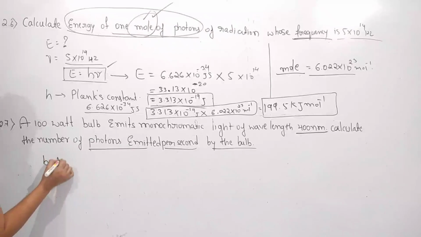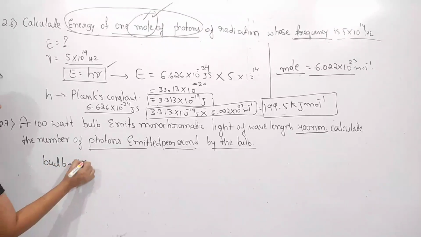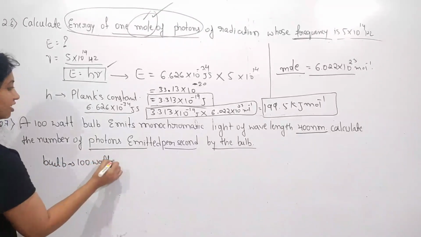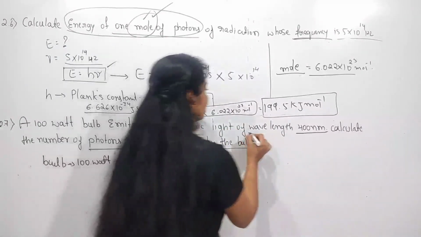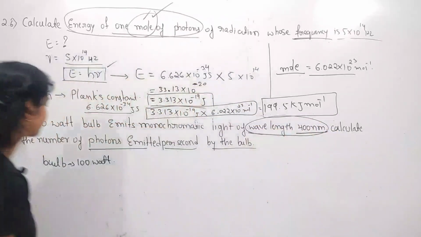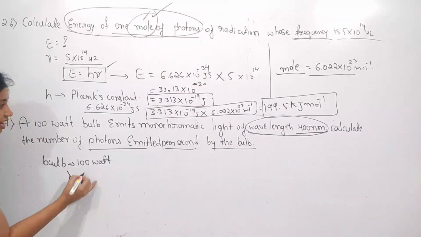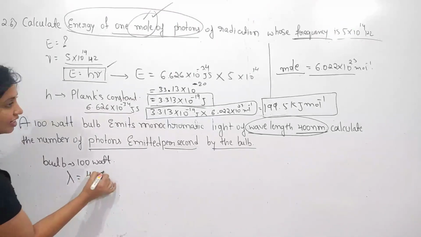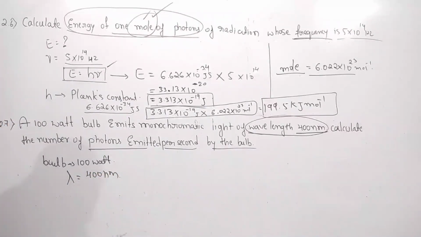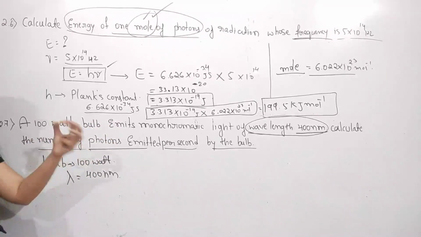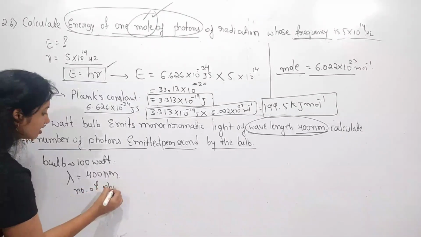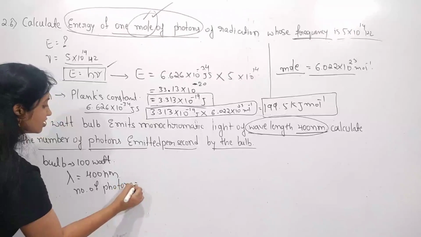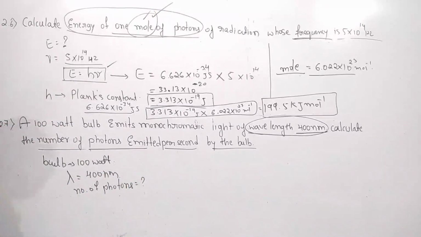The bulb capacity is 100 watt, and it emits monochromatic light of a given wavelength, lambda, equal to 400 nanometer. And what they asked us is to calculate the number of photons emitted per second. Number of photons is equal to question mark.